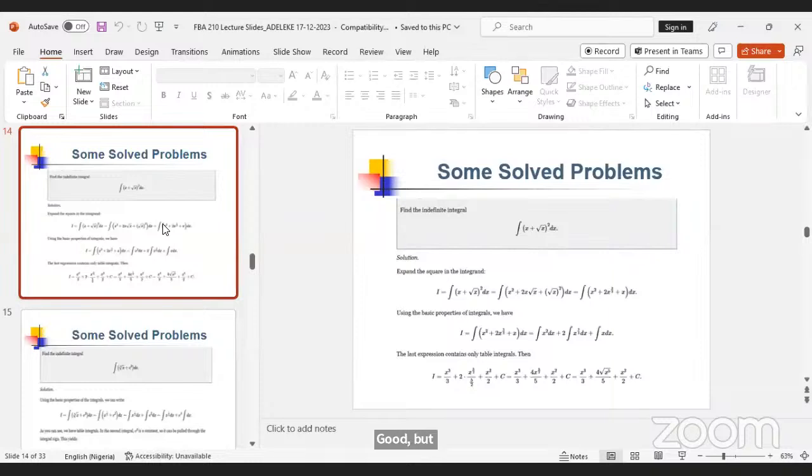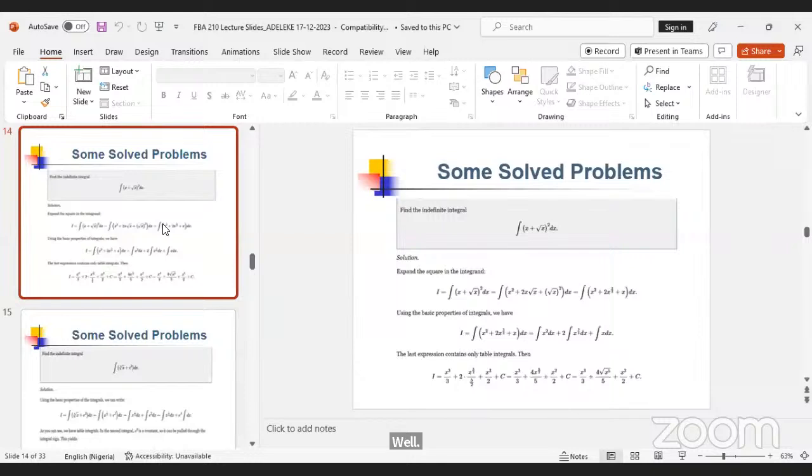You see, I was supposed to teach you the application of integration to business, and as a form of revision, so that those that have forgotten some of the concepts will quickly recollect.